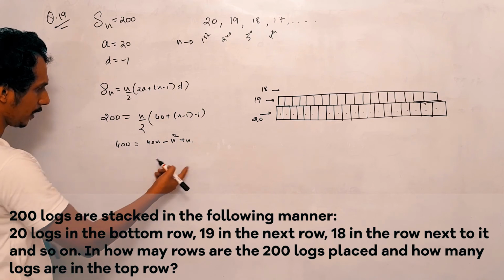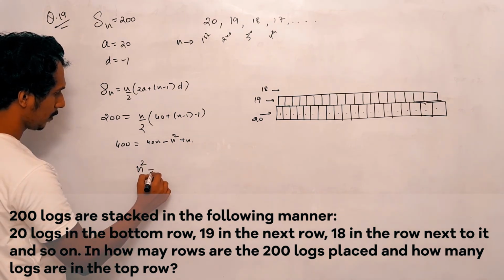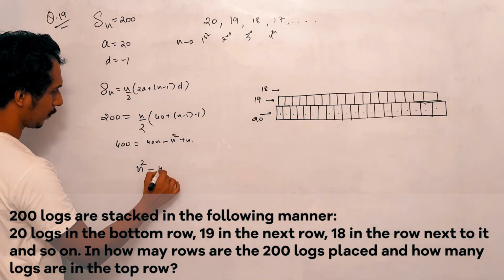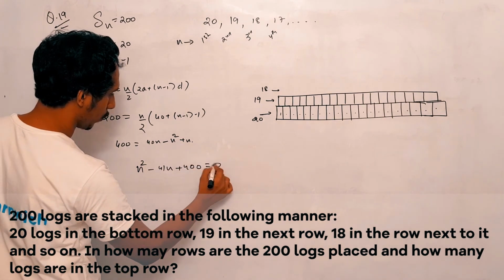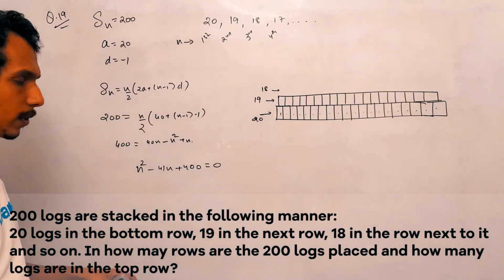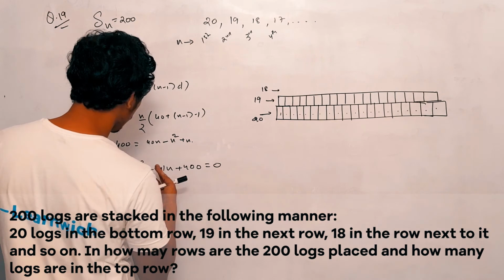Yeah, so finally when this goes to the other side, you get n square minus 41n plus 400 equal to 0. Okay, now this is a quadratic equation. You have to solve the quadratic equation to find out this.